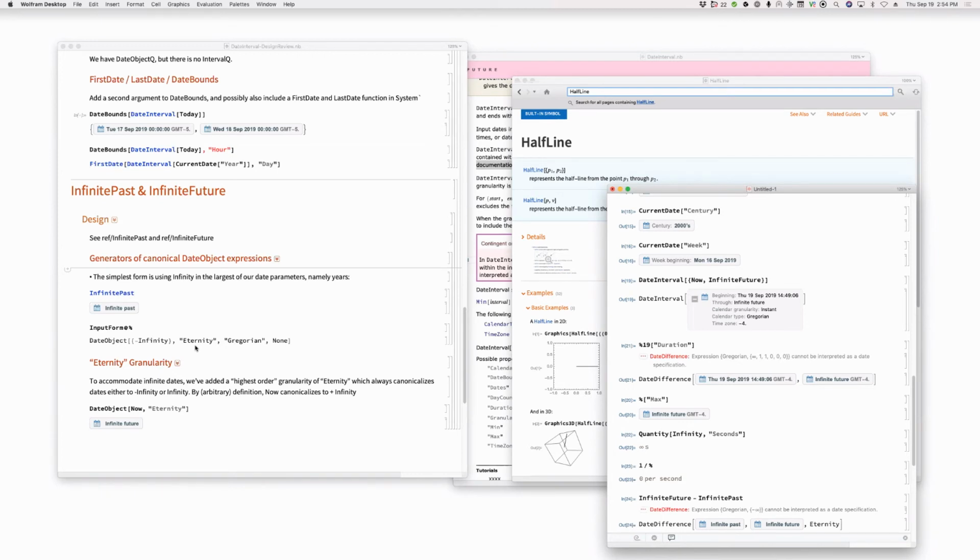I think that makes sense. Because the first argument is still the year argument of the date list. When you have a date object with a granularity of century, we don't change the date list representation so that the first argument means centuries. It's still years, but it gets abstracted out to be a century. It's sort of an expanded granularity in the calendar.